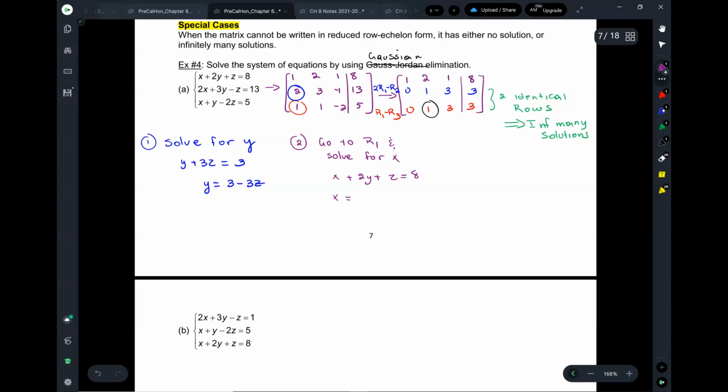x equals, actually, you know what? Here's what I'm going to do. x plus 2, what's y? 3 minus 3z. Plus z is equal to 8.